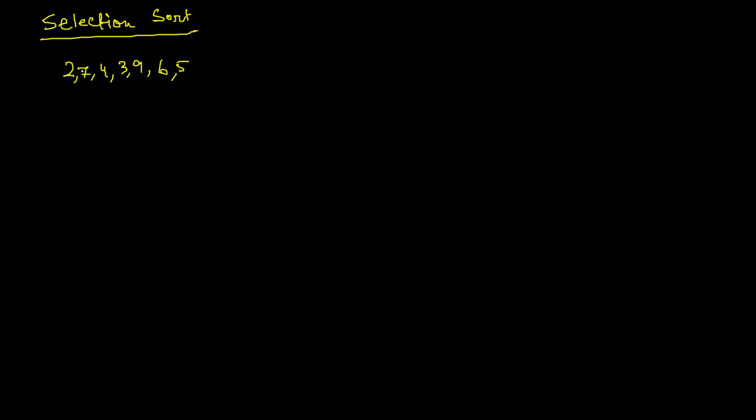Suppose I want to sort in decreasing order. So what we do is find the maximum one from this array and replace it with the first one. This 9 will come here and 2 will go to this side, because 9 was the maximum one: 9, 7, 4, 3, 2, 6, 5. Something like this.